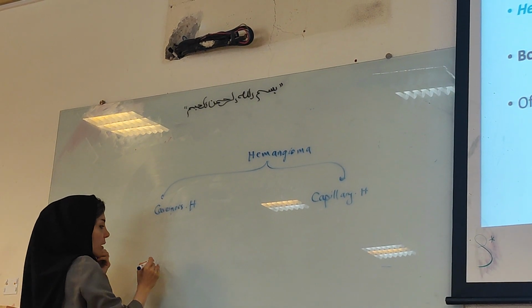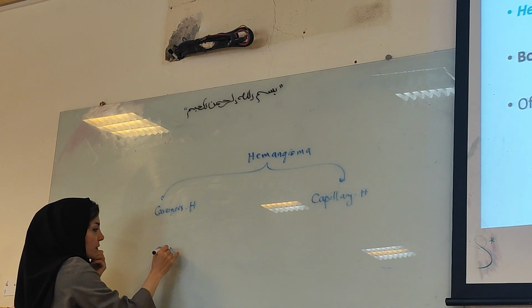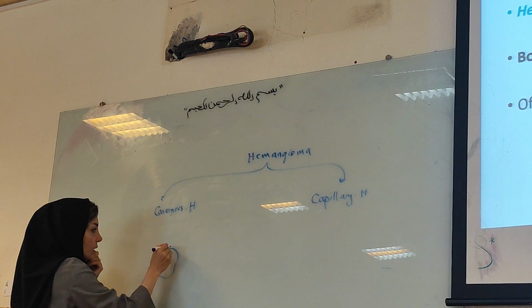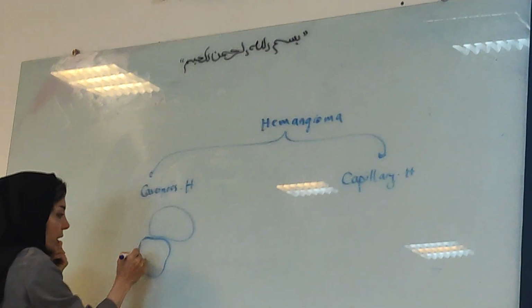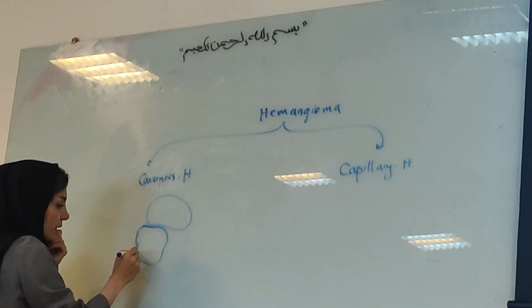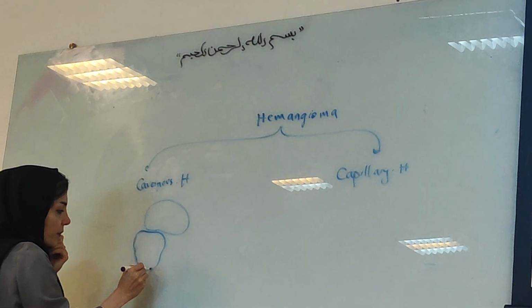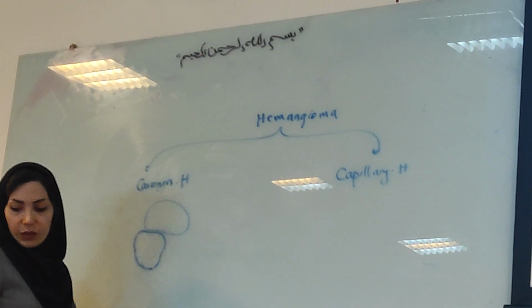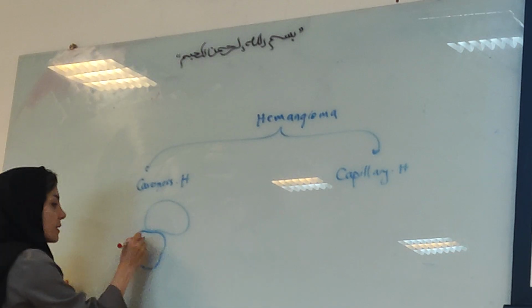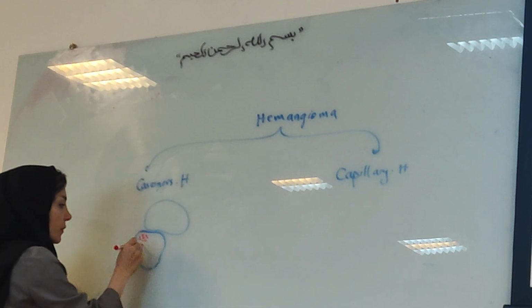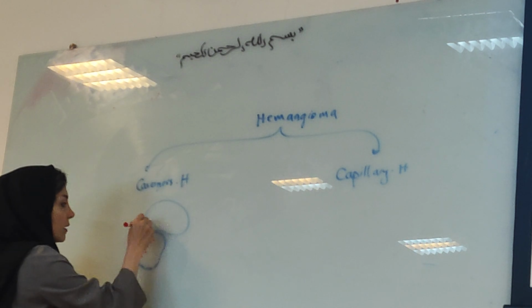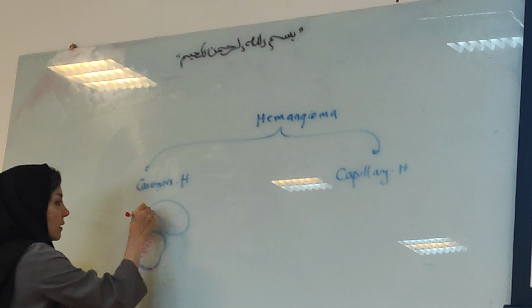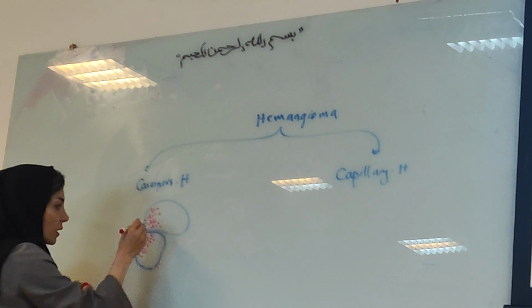Cavernous hemangioma is composed of some large congested blood vessels that are lined by flattened endothelial cells, okay? And they are full of RBCs. They are really congested.